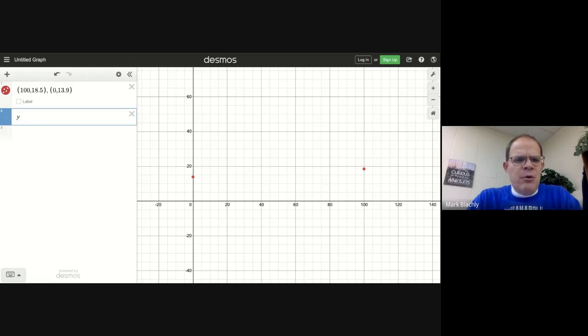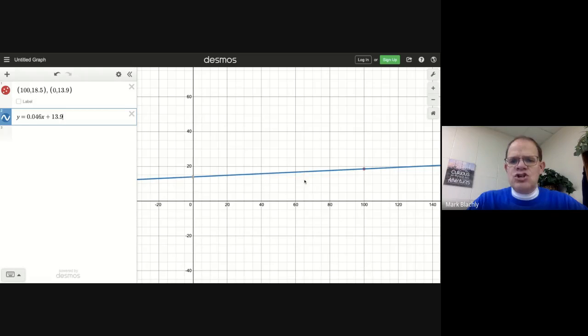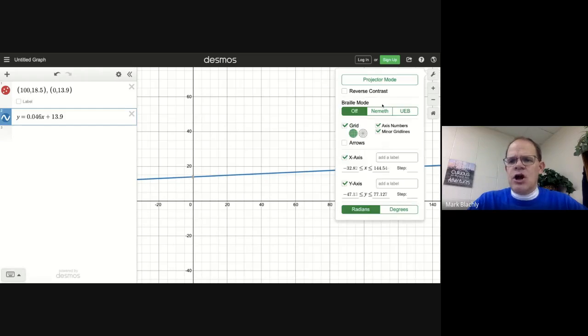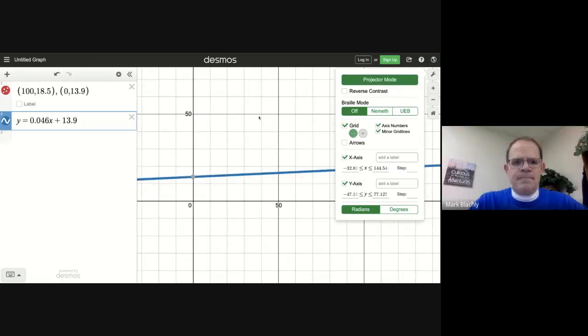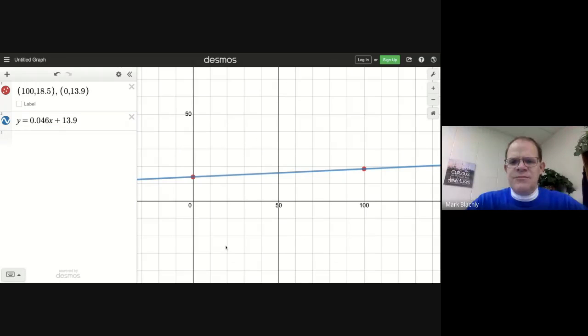I'm going to write the equation of the line, which is y equals 0.046 is what Andres got. So it's y equals mx plus the intercept, which was 13.9. If you guys put the equation of the line in that next box, it should show up, and it should go through both those points. Okay? See if you can do that. Try to type the equation and see if it shows up on Desmos there.